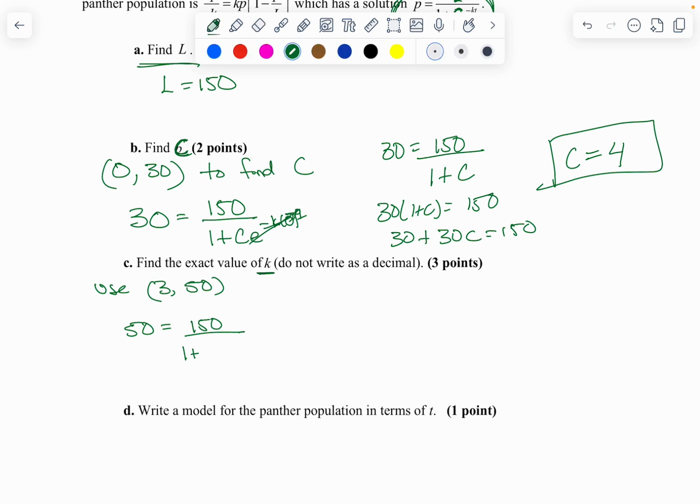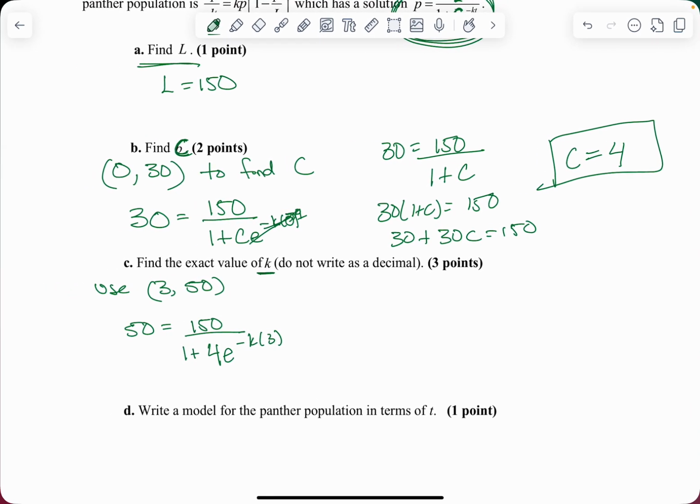That was the whole point of part B. So 1 plus 4e to the negative k times 3. All right, complete this problem algebraically and you will solve for k. K will end up being 1/3 ln of 2, or you can write it as ln of 2 raised to the 1/3, or cube root of 2.